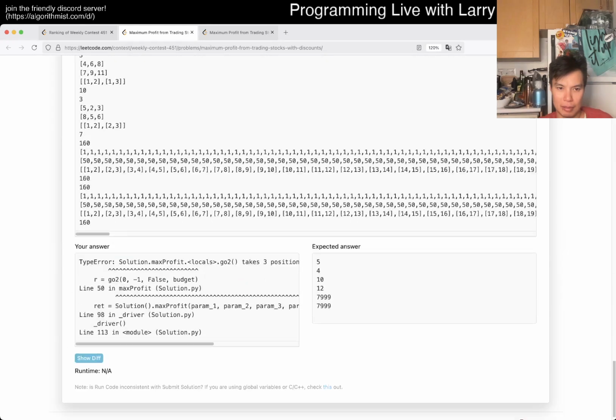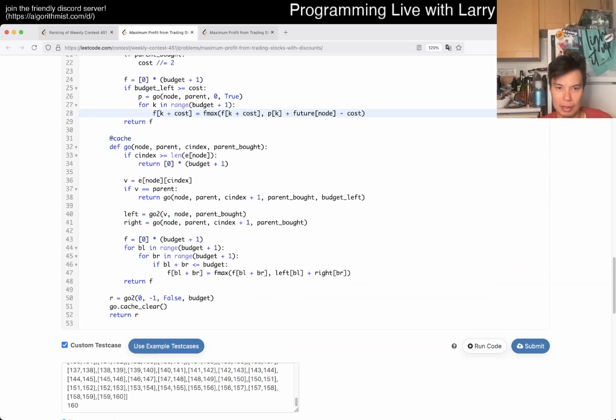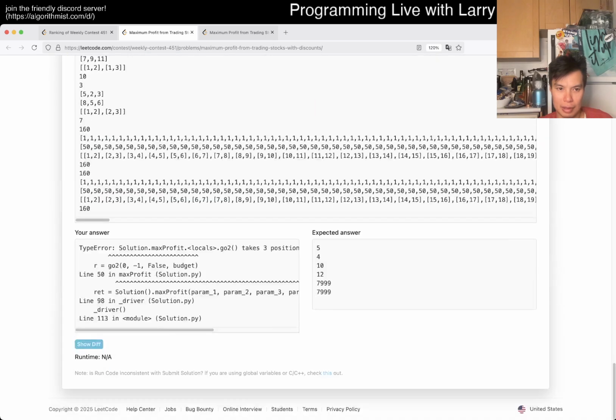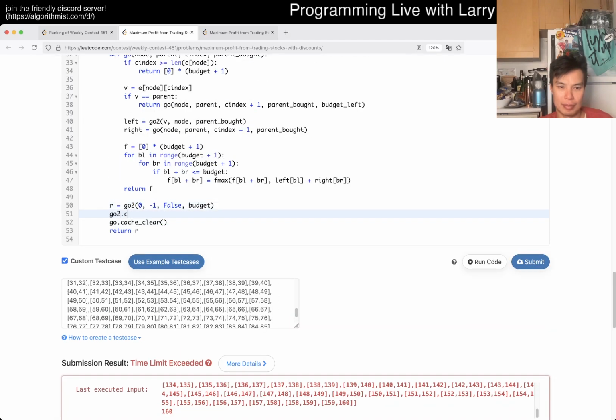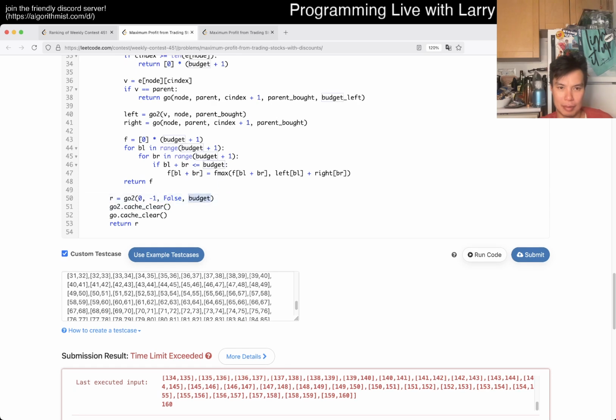So we have a runtime error. Goto takes 3 positions. Oh, that's probably true. What line? I also need to fix a few things like here, so it's fine. Line 50. Oh, yep.